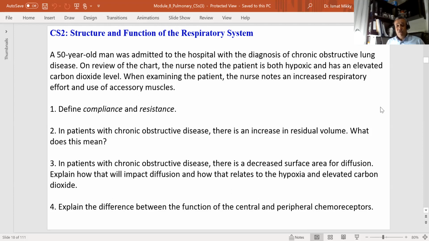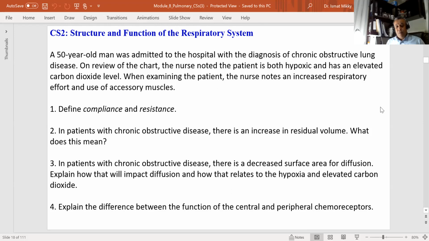Residual volume is the amount of air that remains in the lung after full expiration. So after the full expiration, the amount of air that remains in the lung, that is the residual volume.